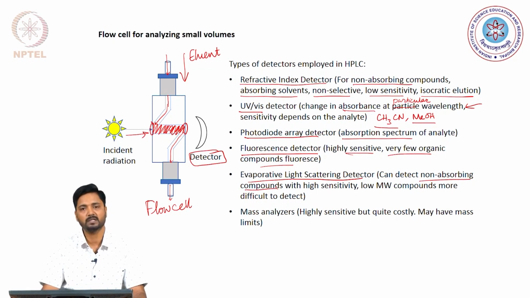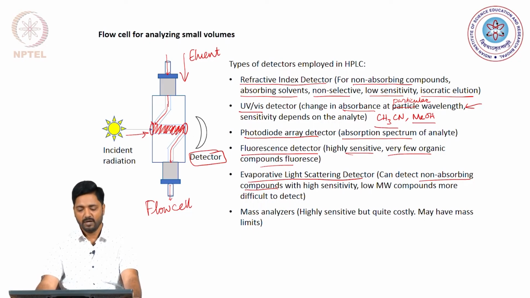It can also detect compounds mainly by allowing the eluent to evaporate out, and this evaporation will result in analyte particles being formed inside the ELSD, and these particles of the analyte will then scatter the light radiation, and the scattering intensity can be plotted with respect to time to generate an elution profile or a chromatogram.